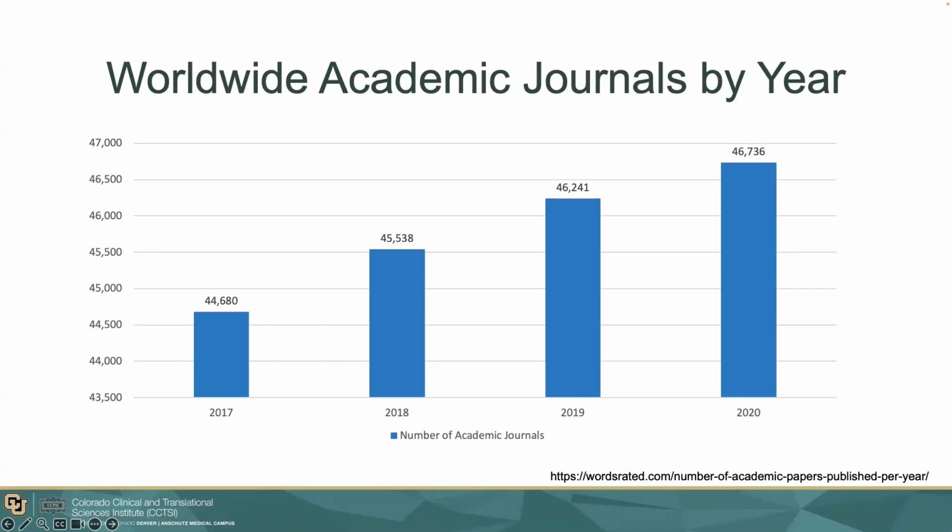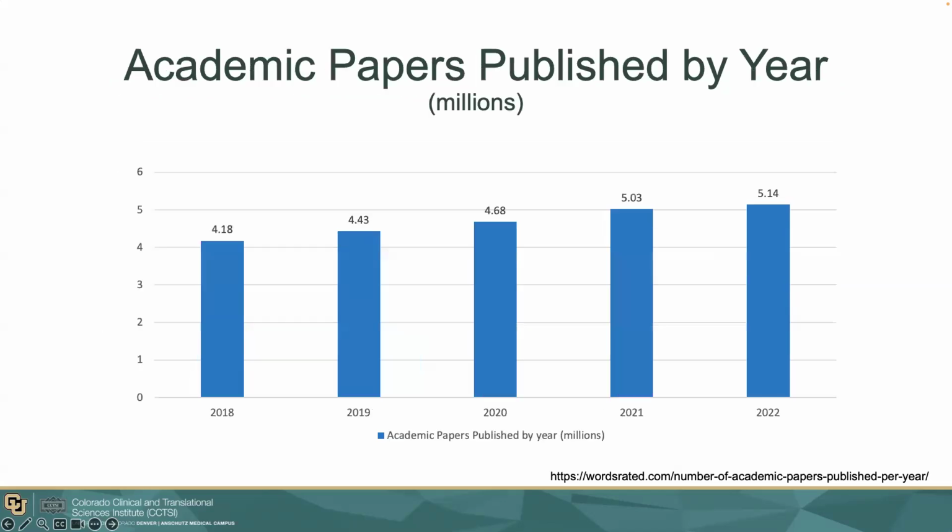And really, over the last 10 years, the number of journals has grown at an average rate of 2.5% every year. This has resulted in at least 64 million academic papers being published since 1996. An astonishing 5.1 million articles were published in 2022 alone.